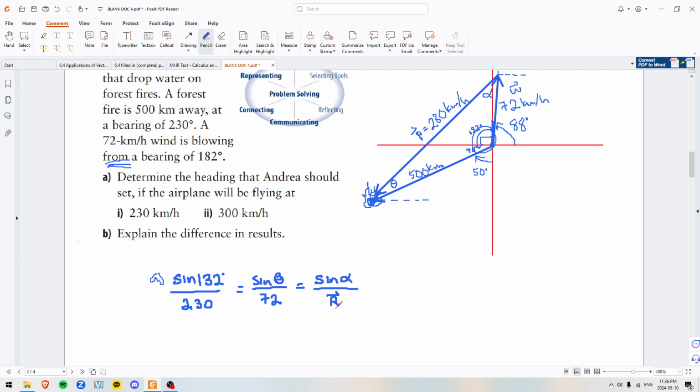Although I don't know the resultant speed, I can figure out theta. Let's start with that.